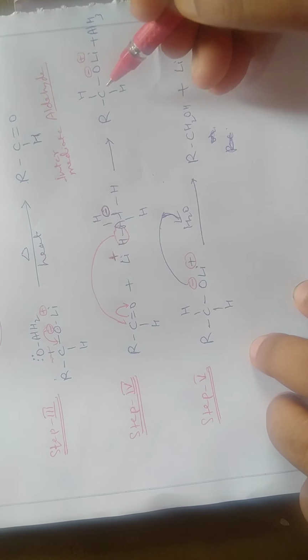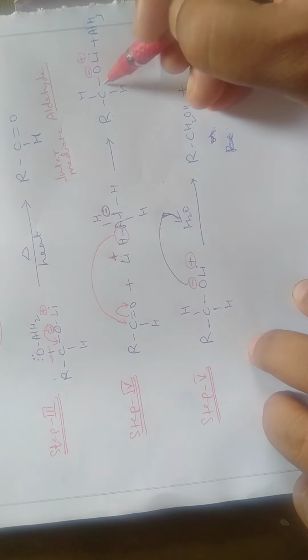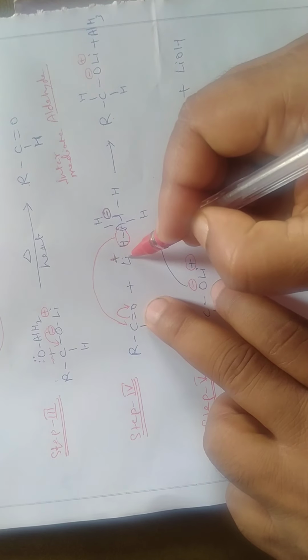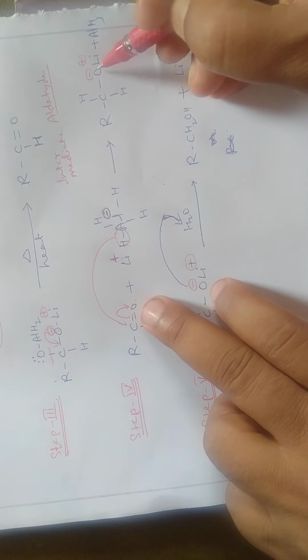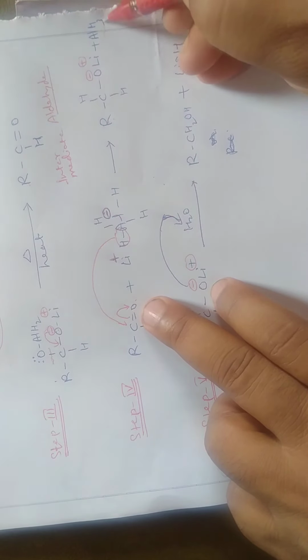As a result, it forms R, H, and this one H again, and O minus, and lithium attached with oxygen. So RCH2O, Li plus, and the remaining AlX3, this one.